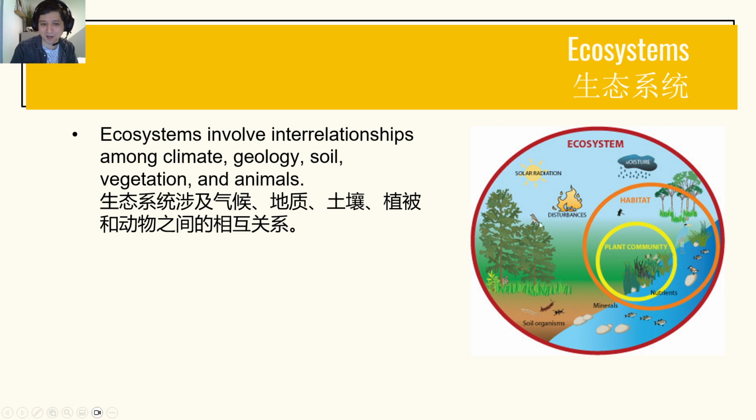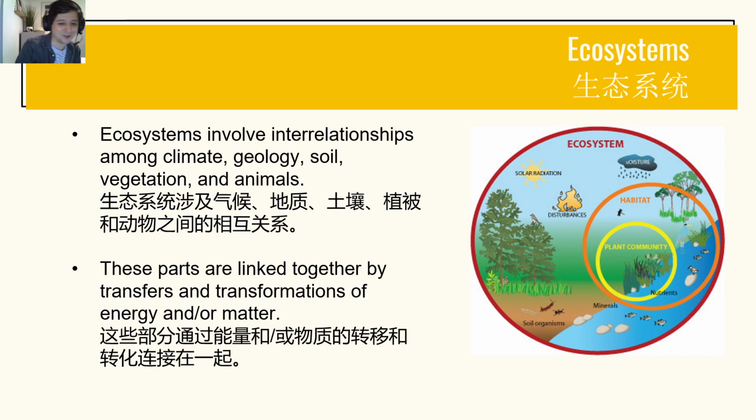So in an ecosystem you're going to have this whole geology that is also important to understand. And then again, also the plants and the animals and the soil. It's everything, right? So they are linked together by transfers and transformations of energy and or matter.